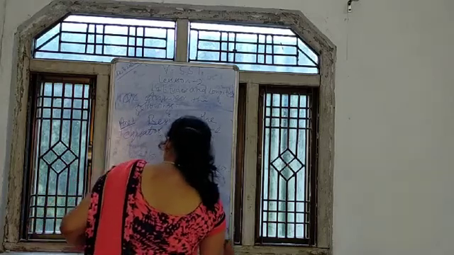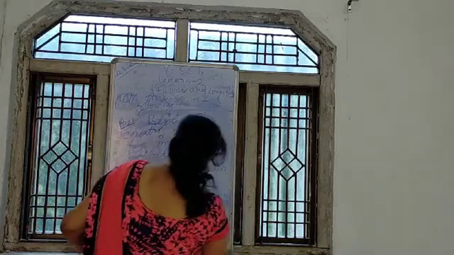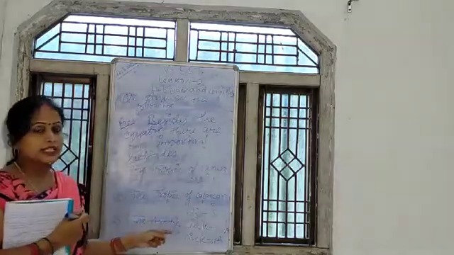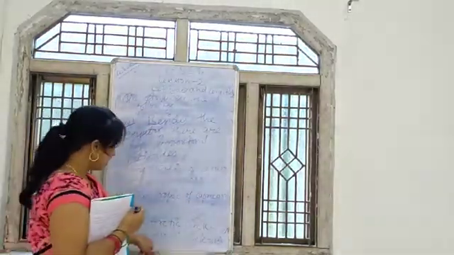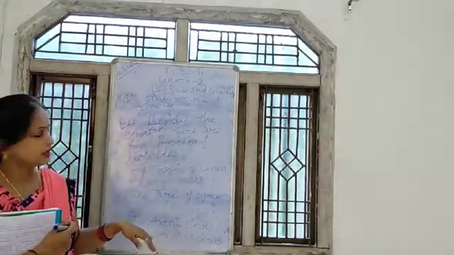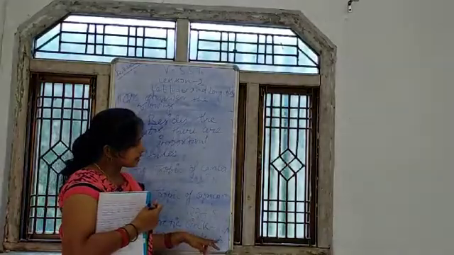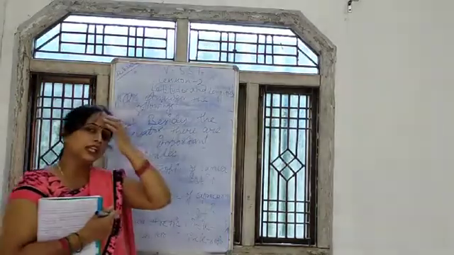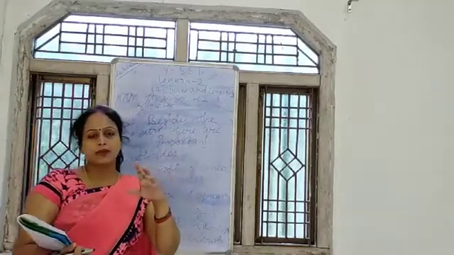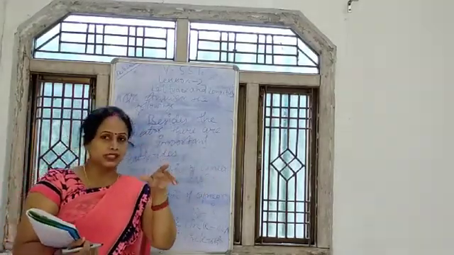This is south, because the Arctic Circle is in the northern hemisphere and the Antarctic Circle is in the southern hemisphere, isn't it? So that's why it is 66.5 degree south.